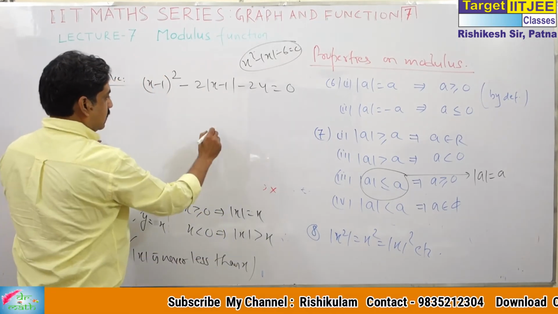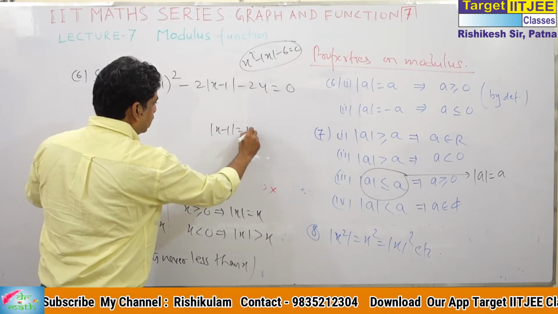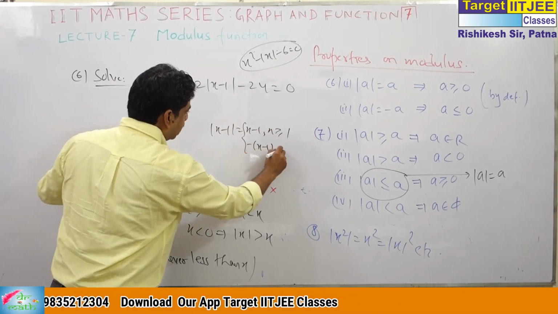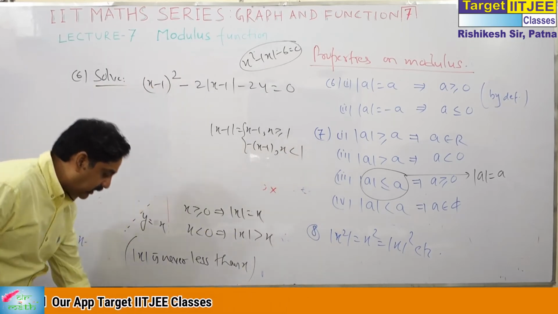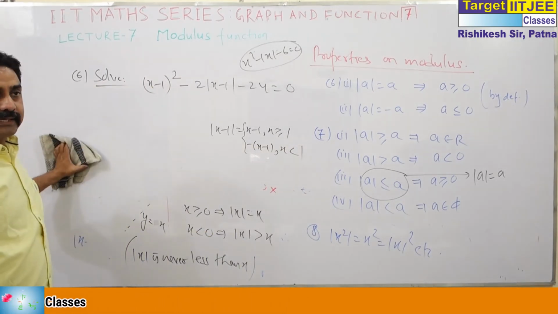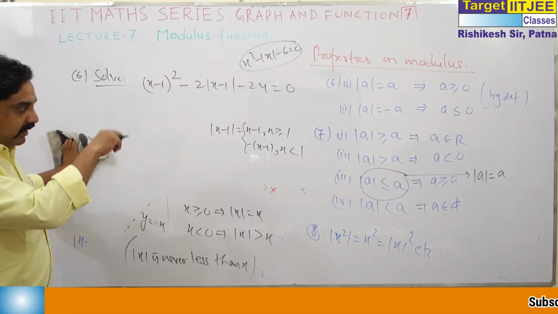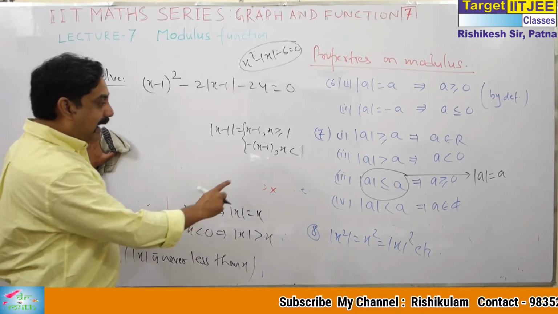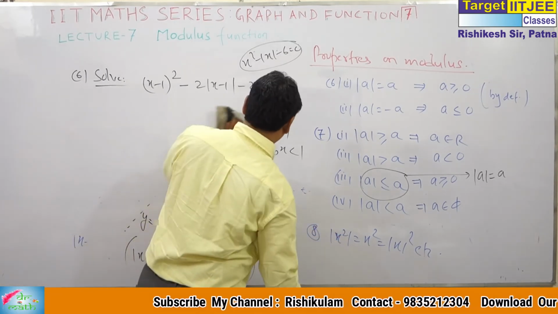What are the two cases? Mod x minus 1 is equal to x minus 1 for x greater than or equal to 1, and minus (x minus 1) for x less than 1. We can take two cases here.